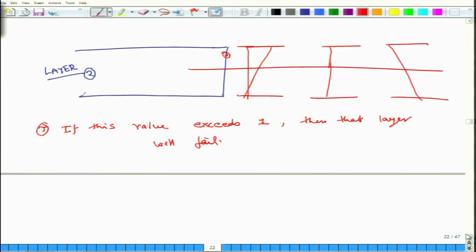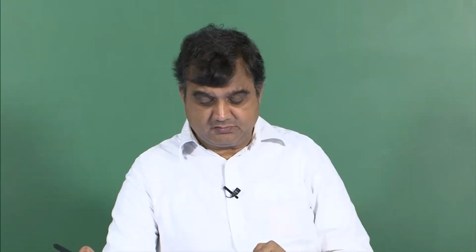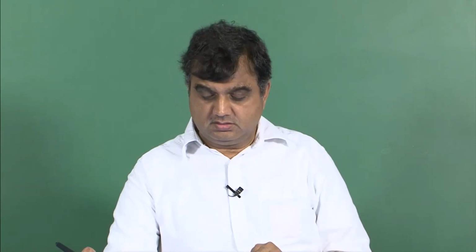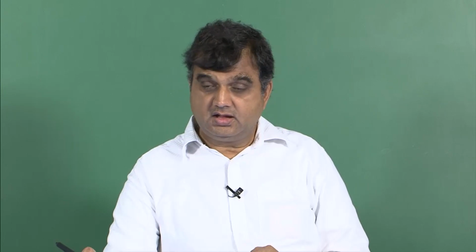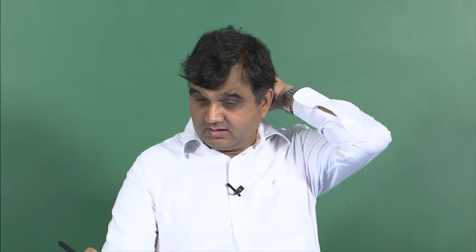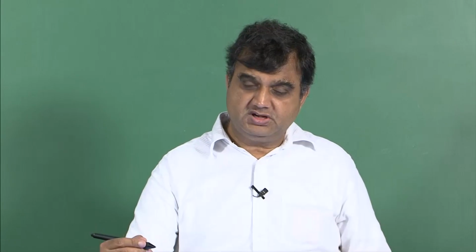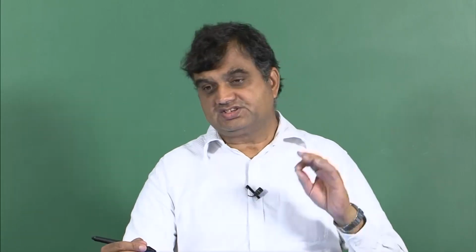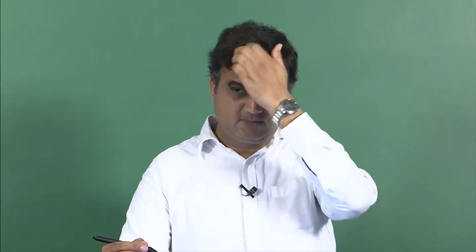So, you have to do this layer by layer, and make sure that for each layer you find the maximum value of the LHS of the maximum work criteria, and see if that value is equal to 1 or exceeds 1, then that layer will fail. If it does not fail, then you are fine, but if it meets 1 or exceeds 1, then that layer will fail.